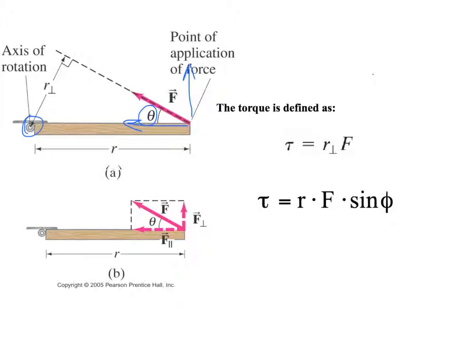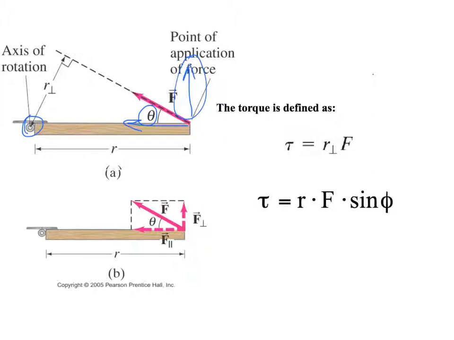It's not going to assist you in opening up that door because it's acting directly into the hinge. You can try this. Stand at the edge of a door and push directly into the edge of the door toward the hinge. The door is not going to go anywhere. But the component that's perpendicular, the one that's in the y direction, this component is going to produce torque.